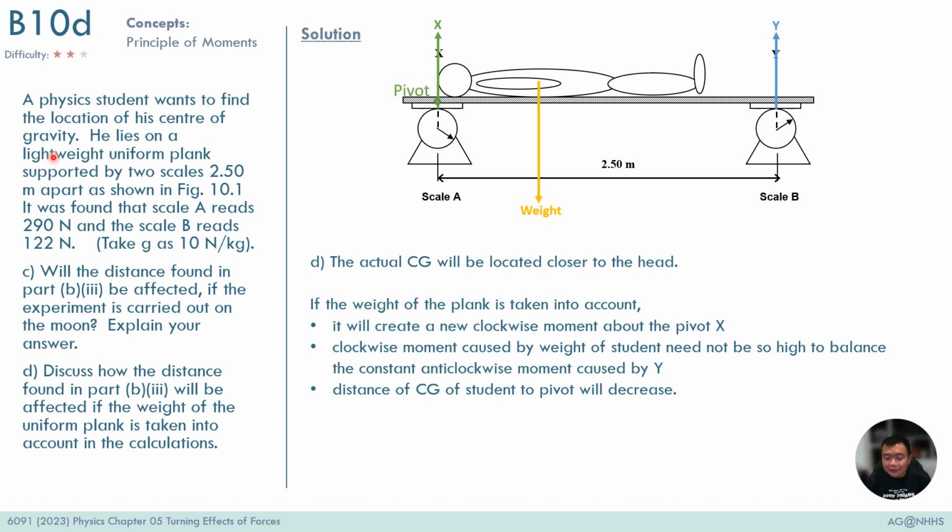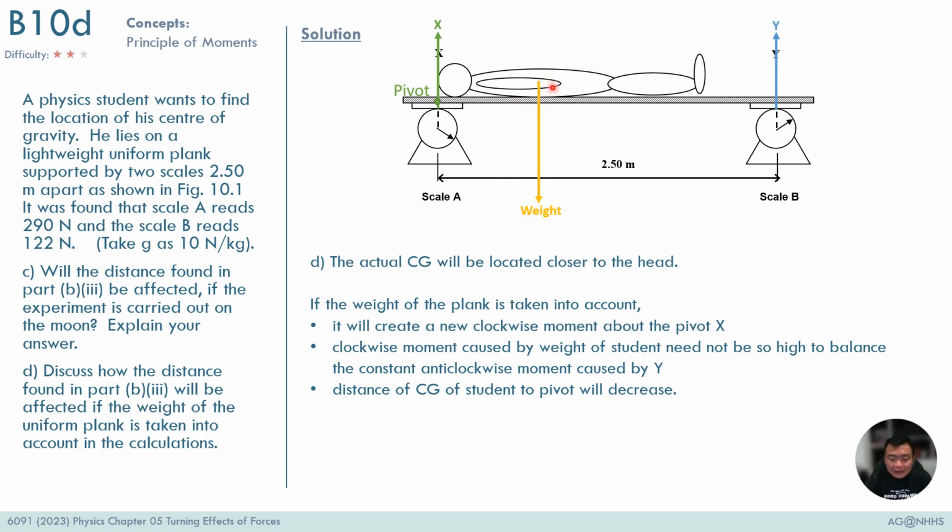The reasoning for this is as such. If we consider the weight of the plank, then we are looking at a new downward force right in the center of the plank. This new downward weight of the plank will create a new clockwise moment about the pivot. And therefore, there is a lot of clockwise moment already. So the clockwise moment caused by the weight of the student, which is this yellow arrow, need not be so big.